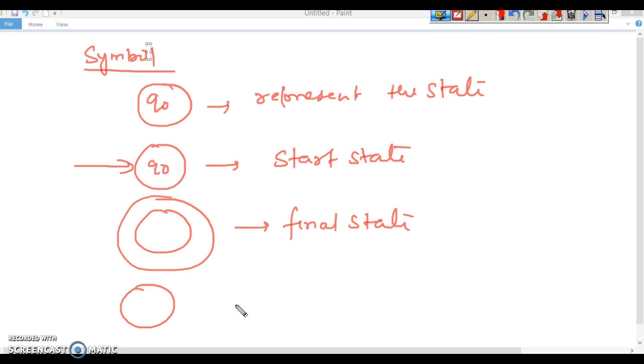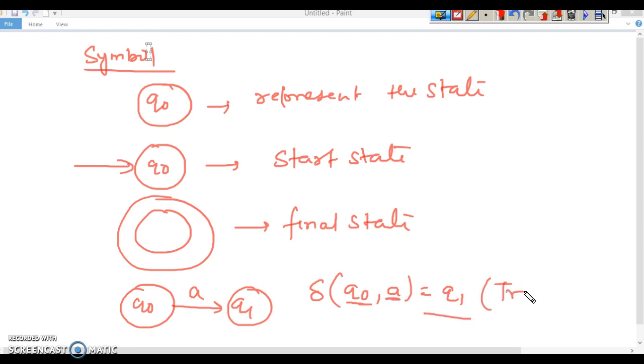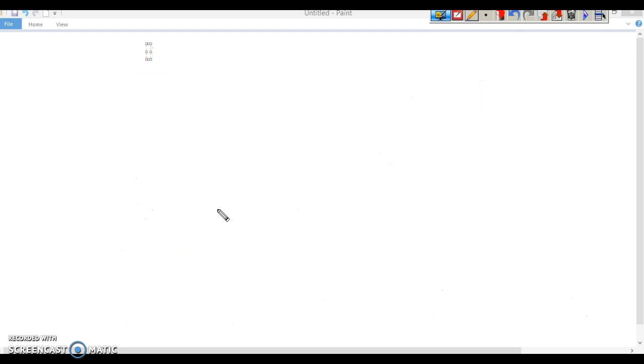If there is another state Q1 reached from Q0 after input A, this is called a transition. A transition is represented by delta. If you give A at Q0, it goes to Q1. Q0 is the state, A is the input, and it goes to Q1. This is called a transition. These are the basic symbols you have to keep in mind before starting this course.